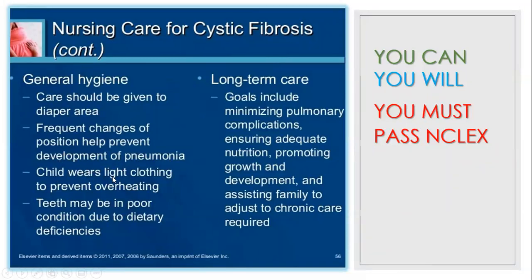Also, the child should wear light clothing to prevent overheating. Long-term care goals include minimizing pulmonary complications, ensuring adequate nutrition, promoting growth and development, and also assisting the family to adjust to chronic care.